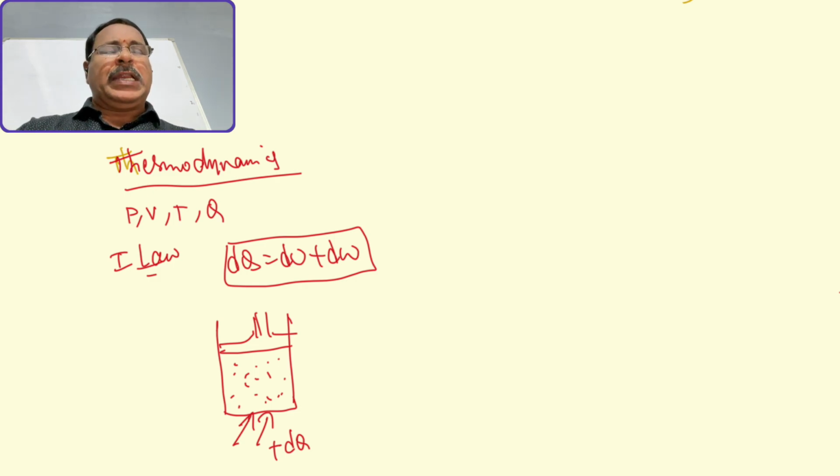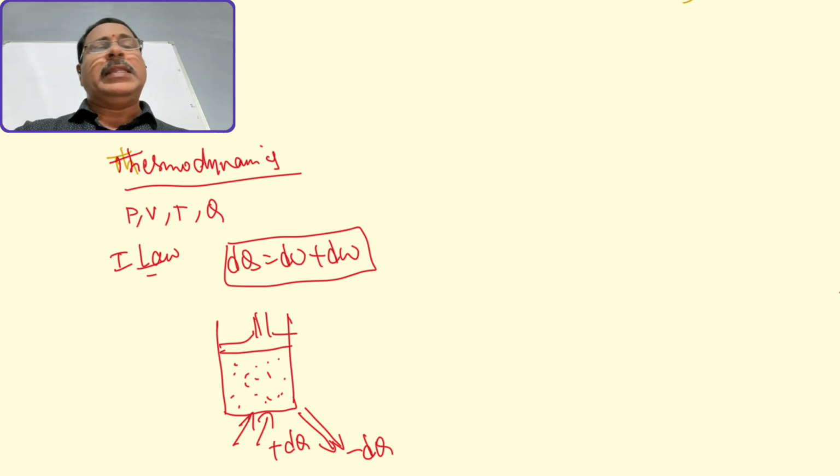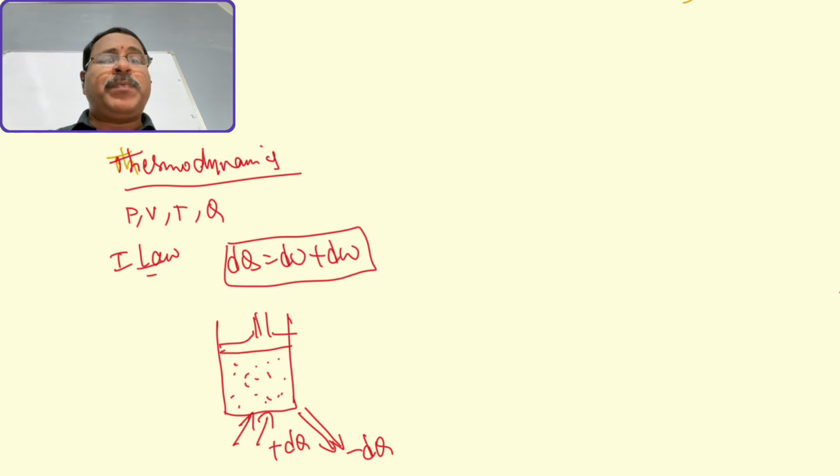For example, 100 calories of heat is supplied to the system, so dQ equals plus 100 calories. Suppose heat is released by the system, then it is represented by minus dQ. If 50 calories of heat is released by the system, then we can write it as minus 50 instead of dQ. So that is the sign convention of heat supplied or heat released.